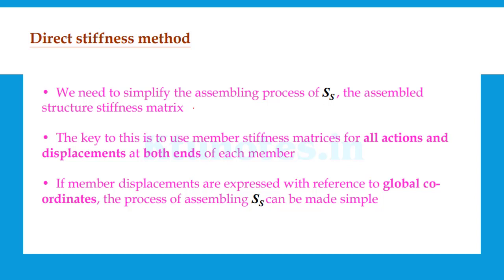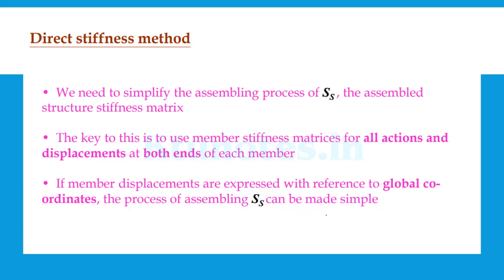Also in the direct stiffness method, we need to simplify the assembling process of the structure stiffness matrix SS. The key is to use the member stiffness matrix for all actions and displacements at both ends of the member. If the member displacements are expressed with reference to the global coordinate, the process of assembling the SS can be made simple.